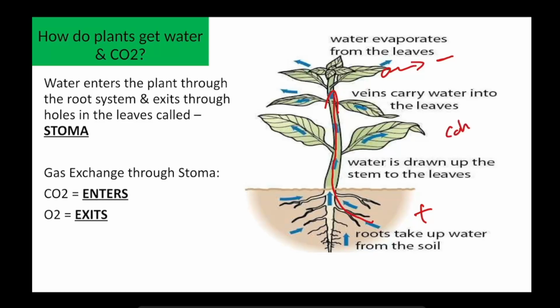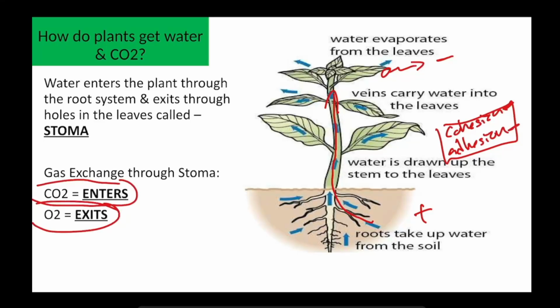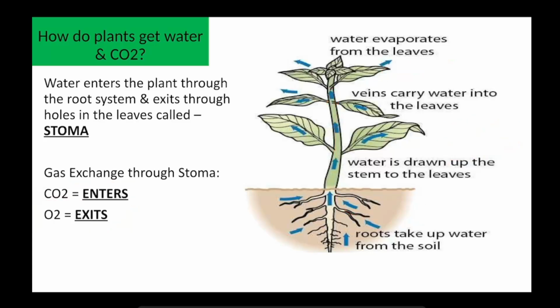And due to cohesion and adhesion, as we talked about in a previous part of the semester, you'll know that water wants to stick to itself and stick to the tree, so it will naturally climb the tree with a difference in pressure. CO2 is going to be entering through the stomata, and O2 is the waste product from the light-dependent reactions of photosynthesis, so it will be released.